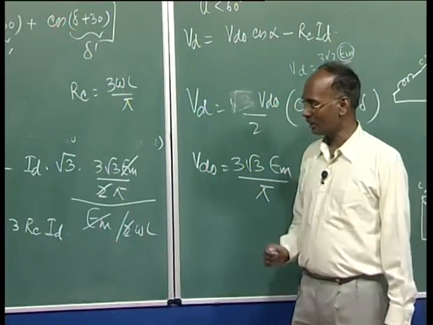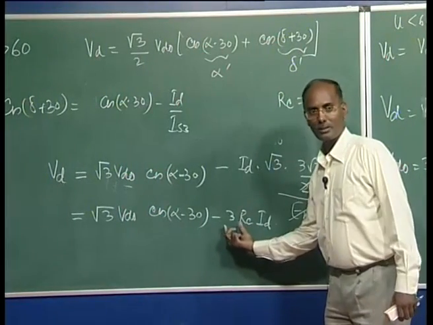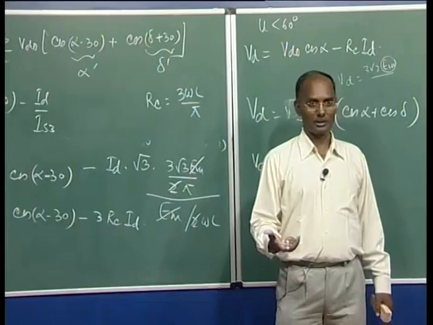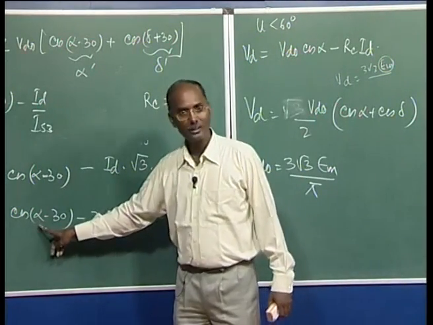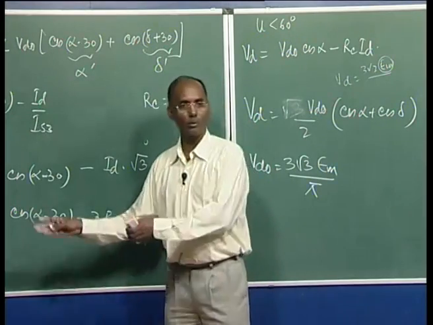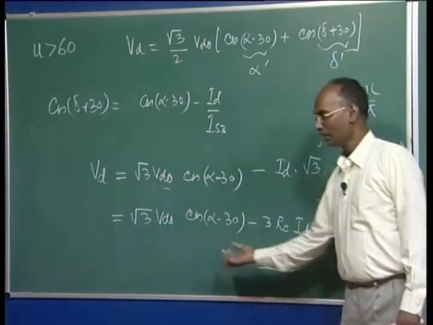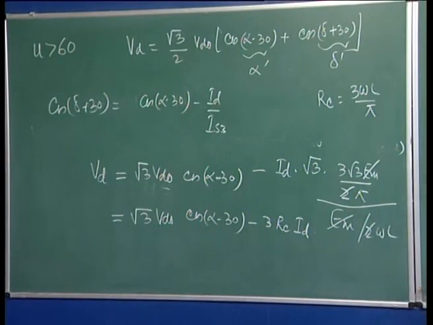So you can see what we are going to get. In this case the RC is thrice of that mode, so a mode drop is there. One is that alpha cannot be less than 30 degree, so you have to go after the 30 degree here. This will also reduce the voltage, and there is a mode drop in this equivalent commutation resistance, which is 3 times the previous one.